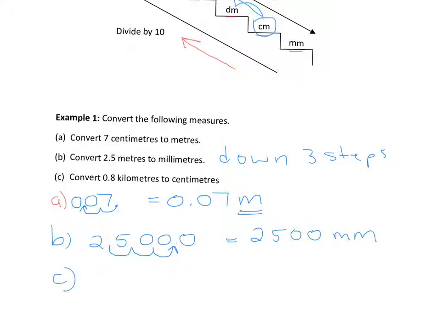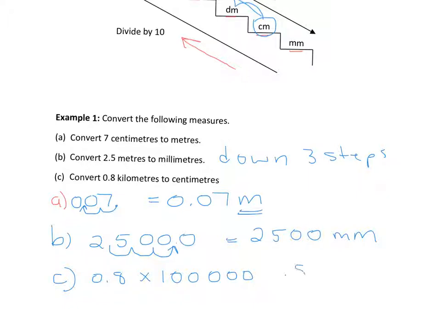For question C, I'm converting 0.8 kilometers to centimeters. So I'm going from right up at the top of that staircase down quite far. So I'm taking that 0.8 and I will need to multiply, because I'm going down 5 steps. I'm multiplying by 100,000. So I'm moving that decimal place 5 times.